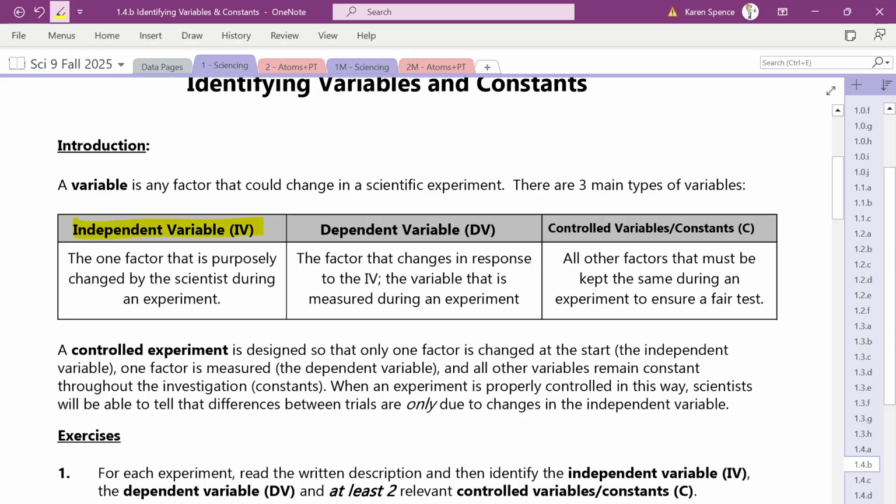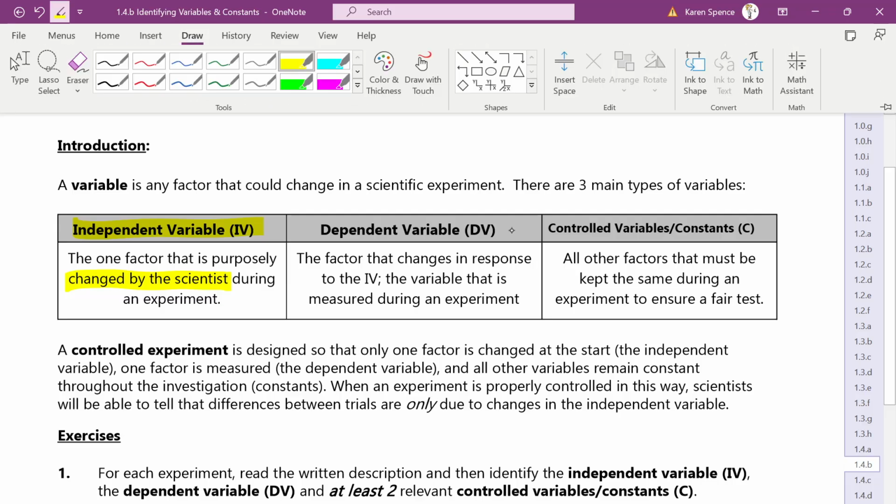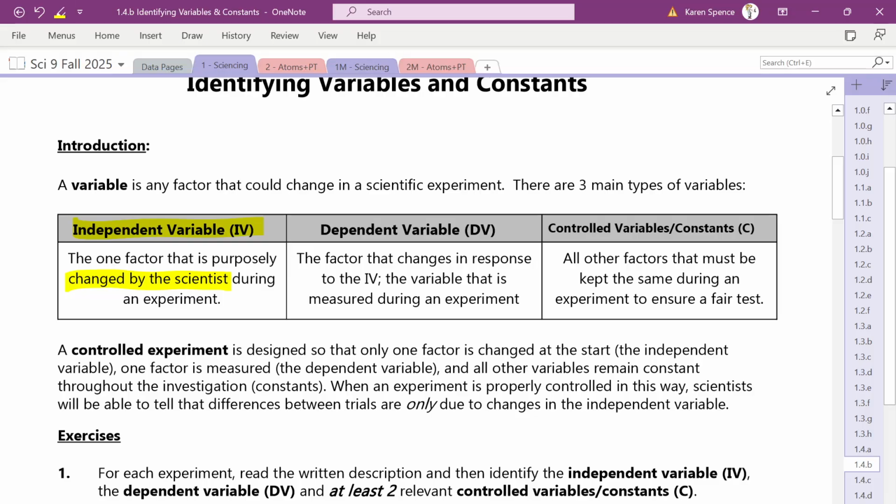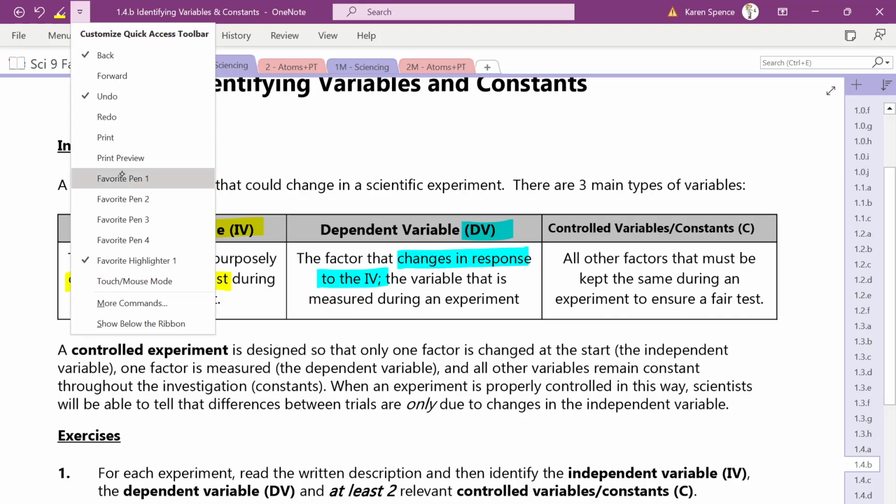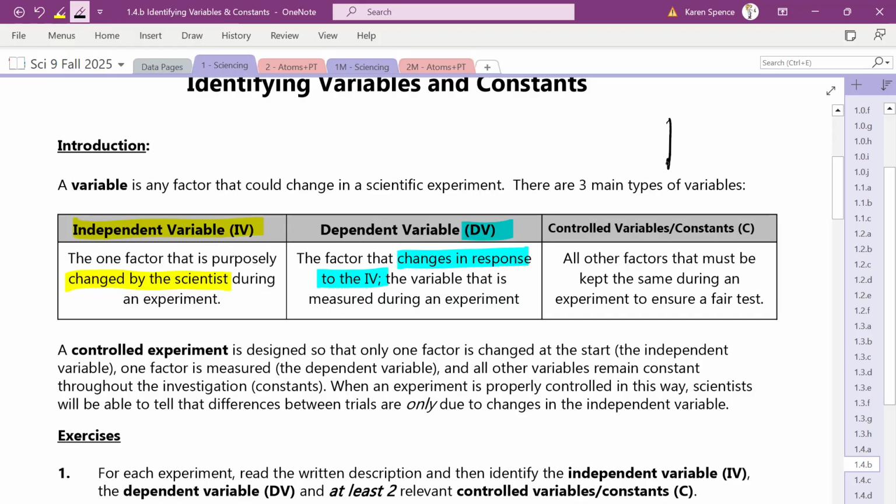So the independent variable, the IV, is changed by the scientist. The dependent variable, the DV, changes in response to the IV. And the controlled variables are all the factors that are kept the same. And this is on, if you missed it, page 72.